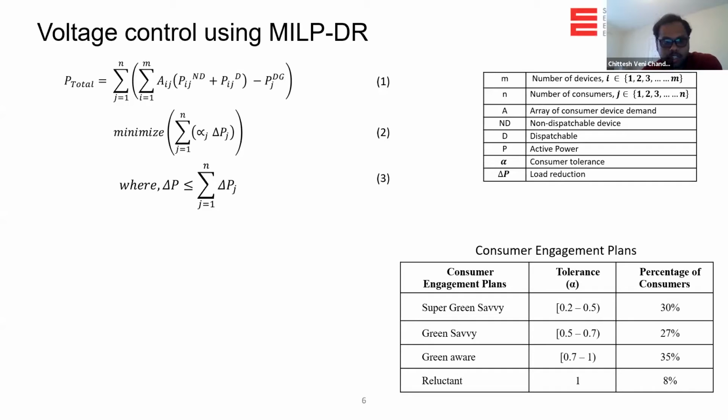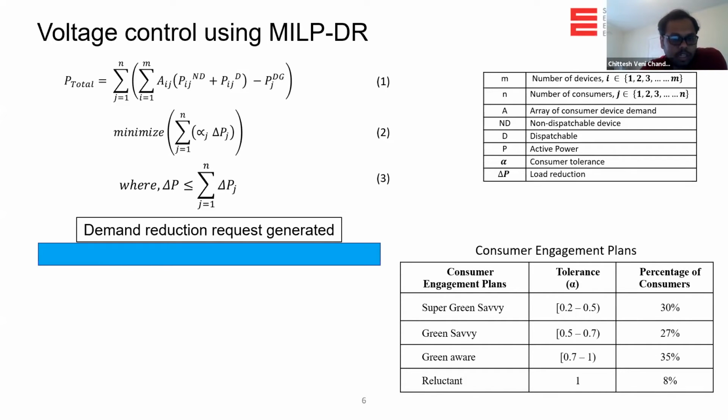A low tolerance value means the consumer would be able to go through a lot of load reduction, and a very high tolerance value would mean the consumer would not be much interested in participating in the load reduction. We gave 4 different plans, and the first plan, Super Green Savvy, would be the category of consumers who would have a very low tolerance value and would be able to participate in a very high manner in the load reduction.